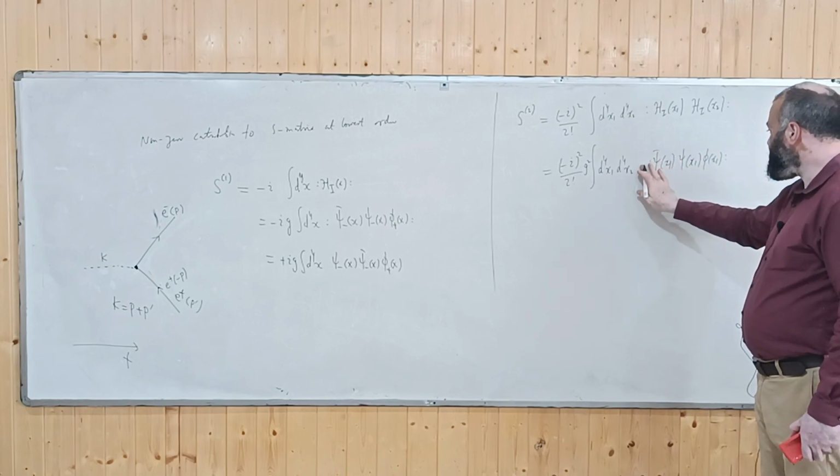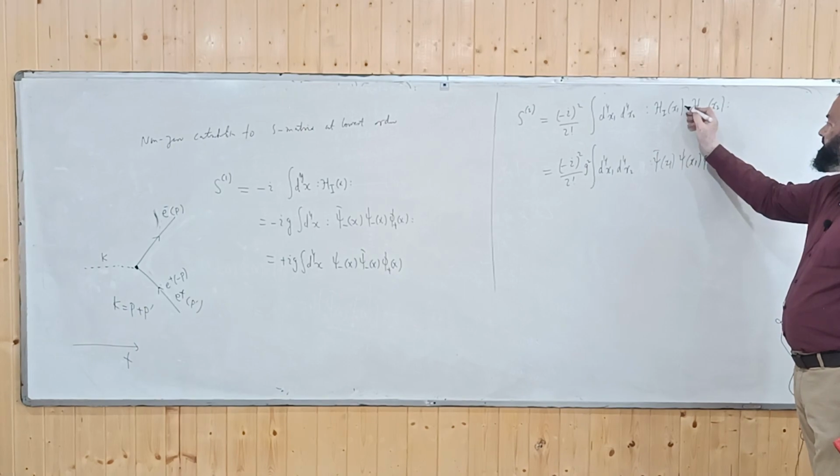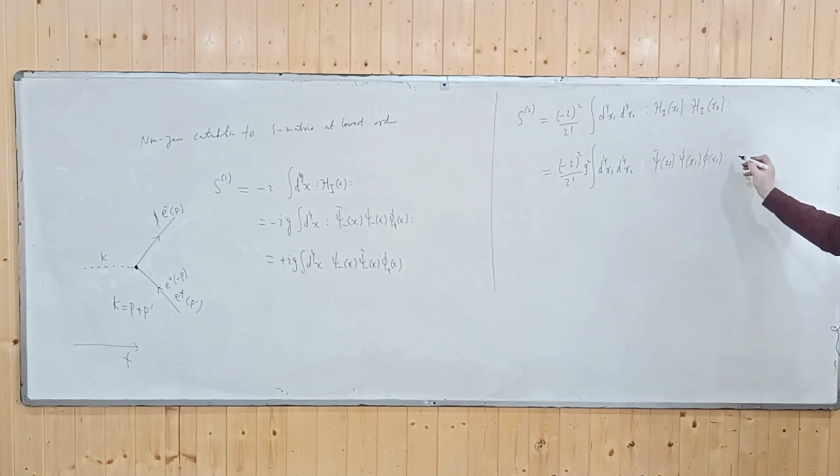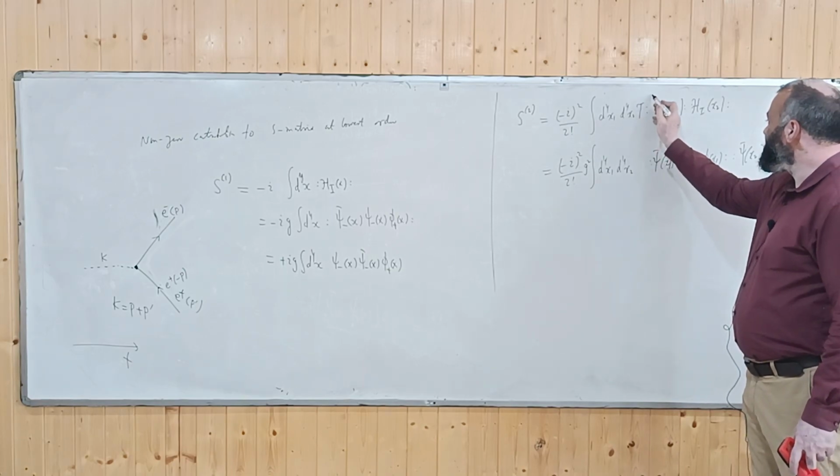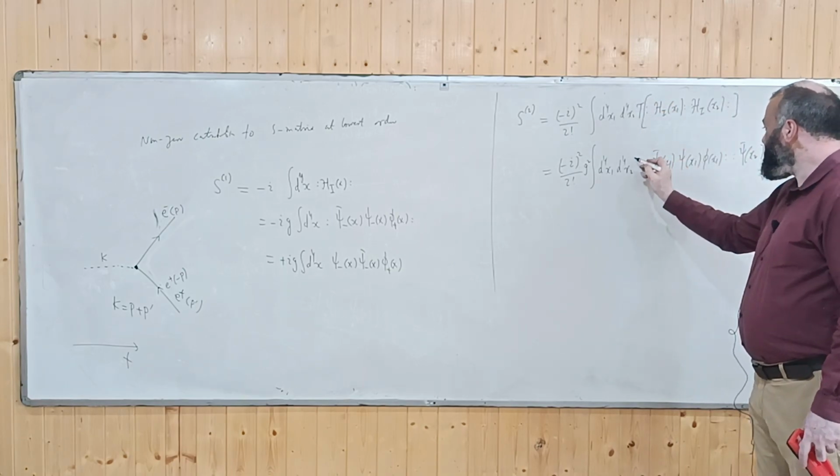So G squared comes out. This comes from the first term. Then you have psi bar of x2, psi of x2, phi of x2. And there is a time ordering as well, so we need to time order.